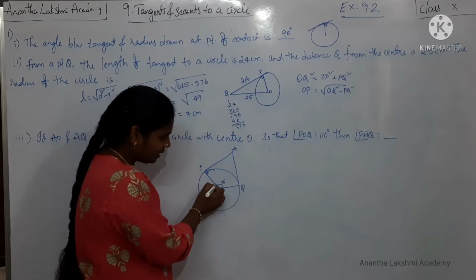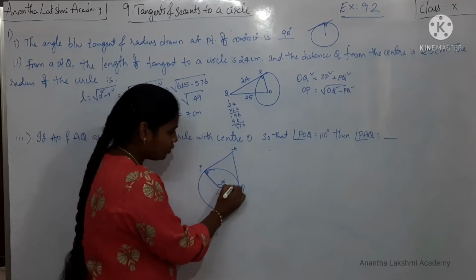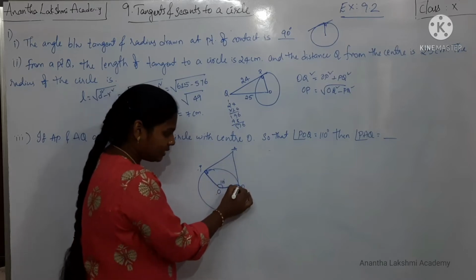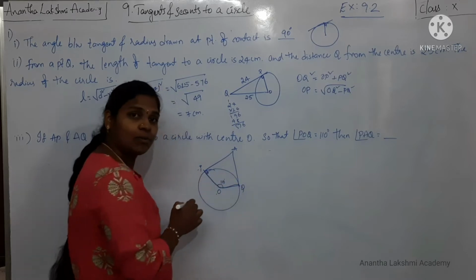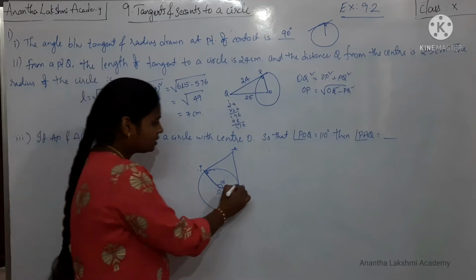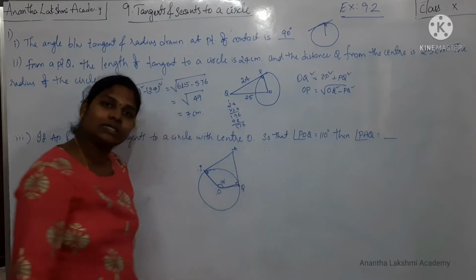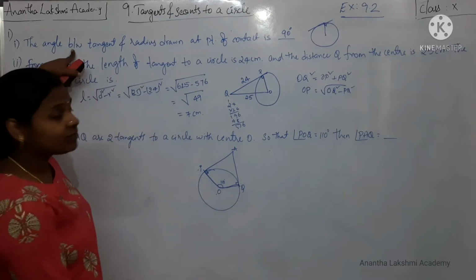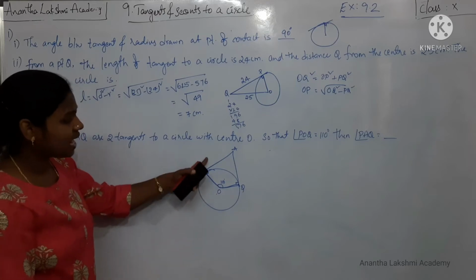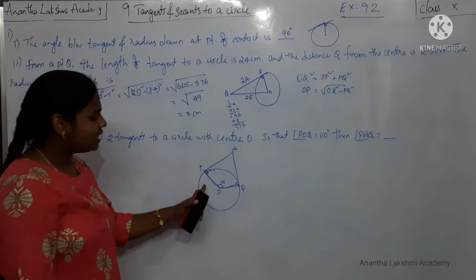This is nothing but the radius. OP is radius, OQ is radius, and here P and Q are points of contact for the tangents. So this is 90 and this is going to be also 90. That's what we have read in the first bit. The angle between the radius and the point of contact of a tangent is 90 degrees.